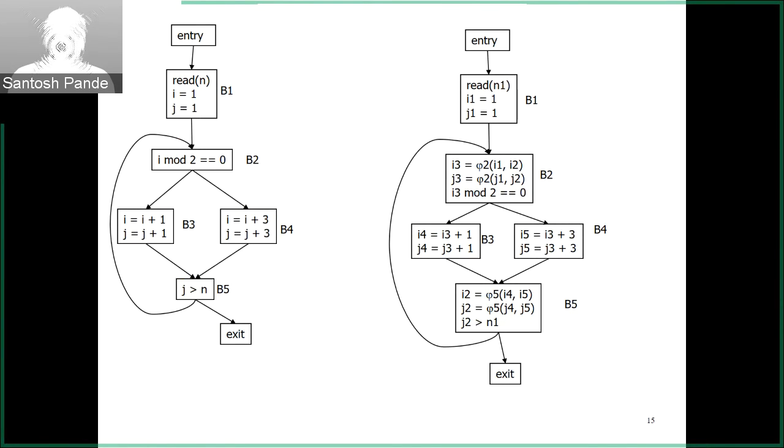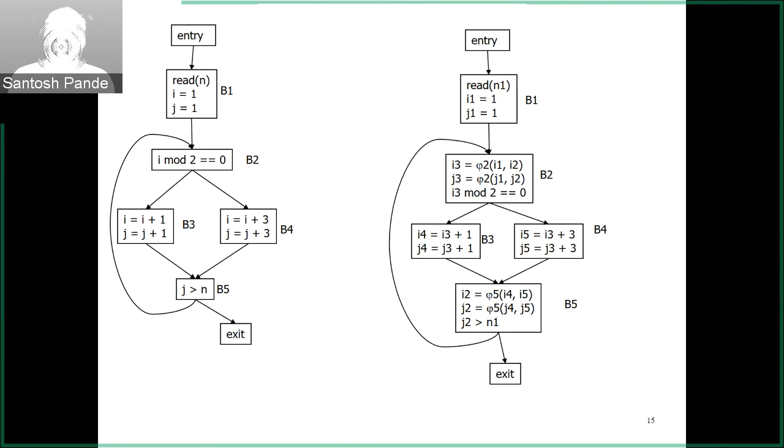So when we convert these into SSA using whatever we have learned so far, we have I1, J1 sitting at the top. Then you can see that we have a phi function for I, which is bringing in some values at the bottom and merging them to produce I3 out of I1, I2. Similarly, J3 out of J1, J2. Then I3 is prevalent. We have a mod condition there for a branch.